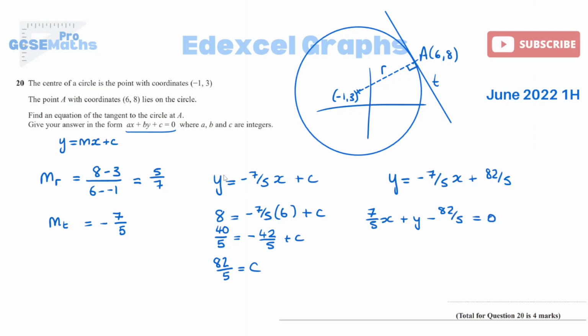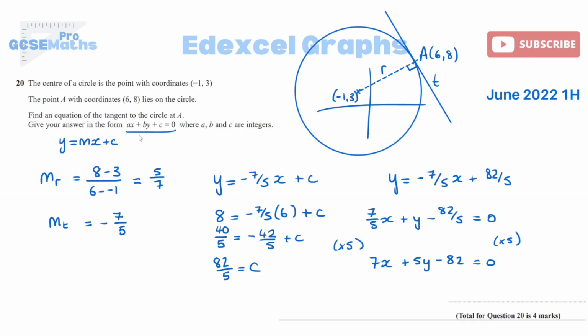It's okay if one's a negative, that's absolutely fine, as long as they're all on one side, and then obviously they need to be whole numbers. So how do I make these whole numbers? Well, because they have the same denominator, just multiply the whole equation by that denominator. So I'm left with 7x plus, obviously then 5y, minus 82 is equal to 0. Now that's the format that they were asking for, so that would be my final answer.